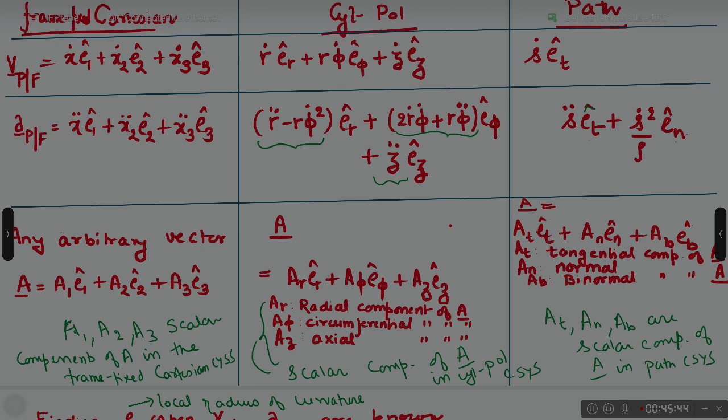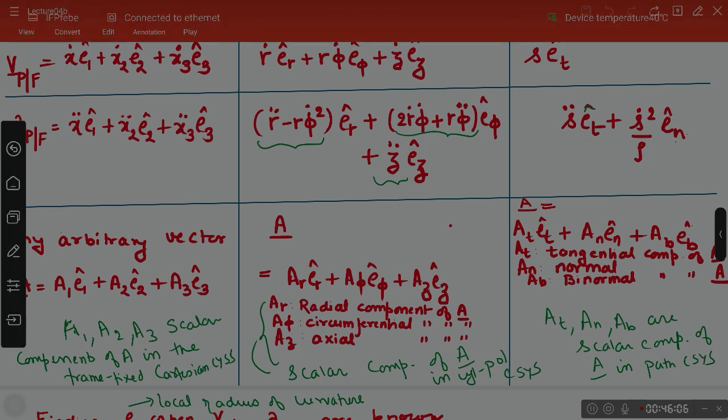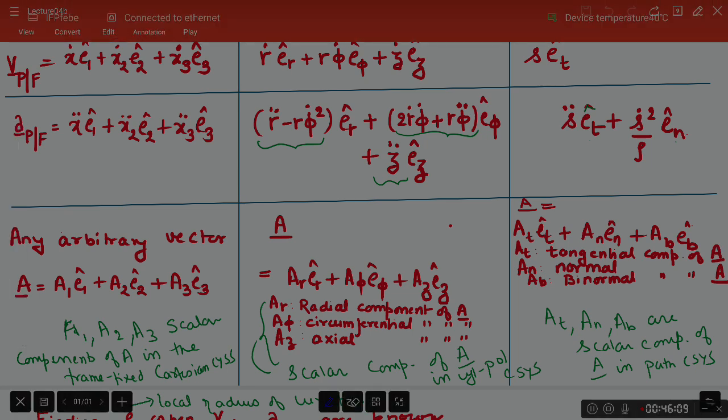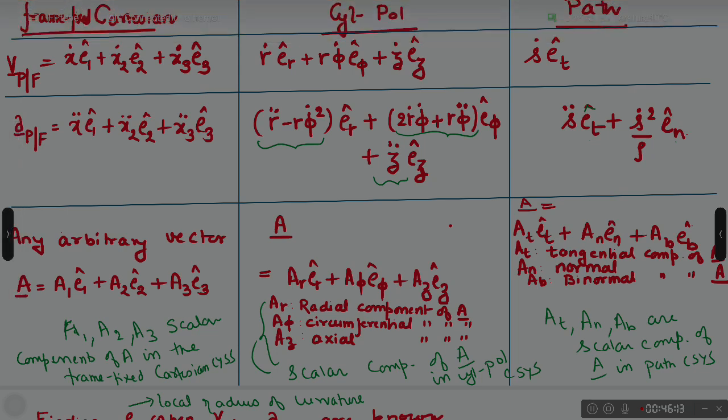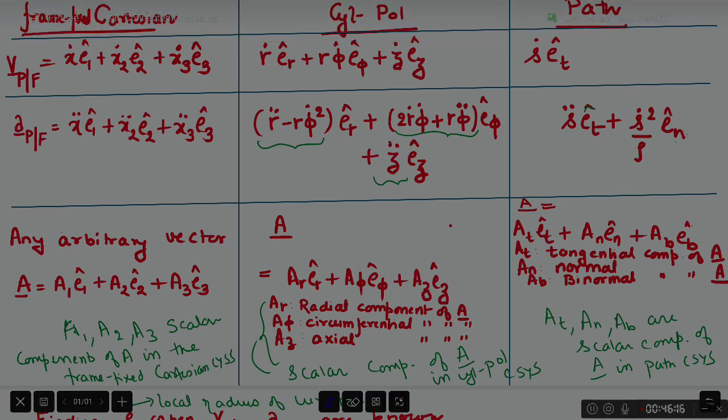So I want to summarize the various final expressions that we derived in today's class and even in the previous class. What I am showing here is, in this column I am writing the frame fixed Cartesian coordinate system.